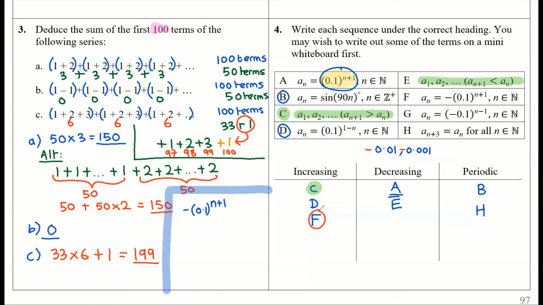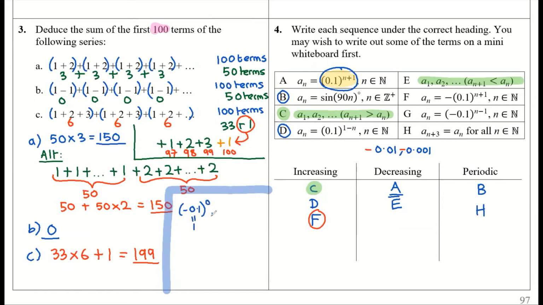Now moving on to G. G is slightly different. Let's just do a bit of work on G. So G is, let's put some numbers in, negative 0.1 to the power n minus 1. So the first term is just going to be 0, so that's going to be equal to 1.